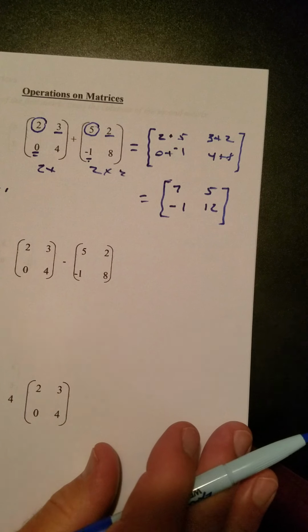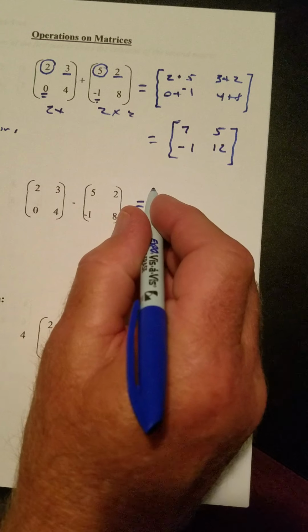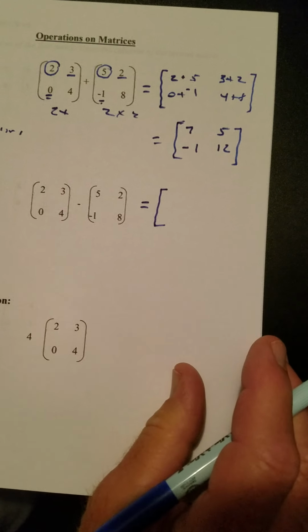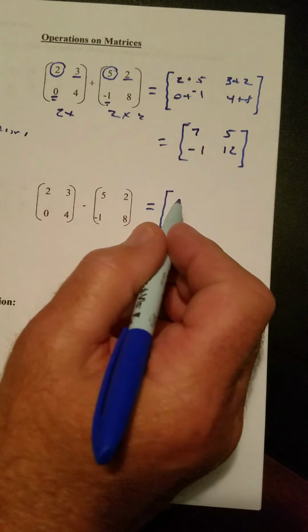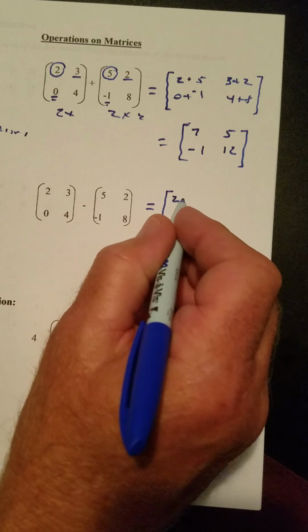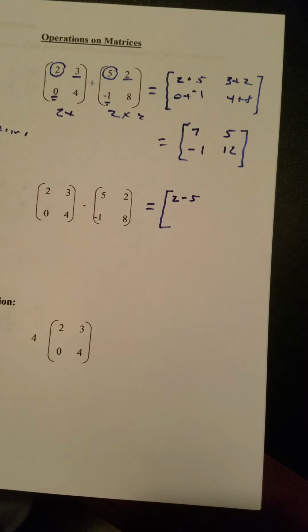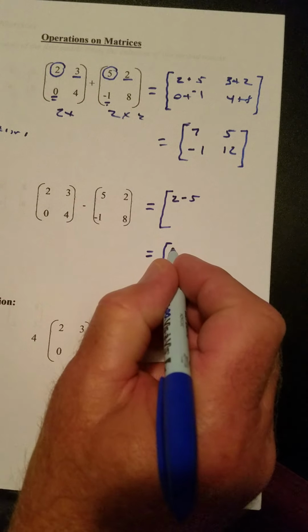Okay, let's look at subtraction. Same thing here. I'm going to write this step out. Upper left is 2, upper left is 5, so my upper left here is going to be 2, instead of plus 5, it's going to be minus 5. It's the same matrices, I'm just subtracting this time. So my answer down here is going to be negative 3.